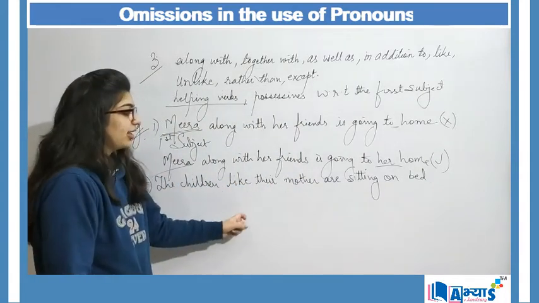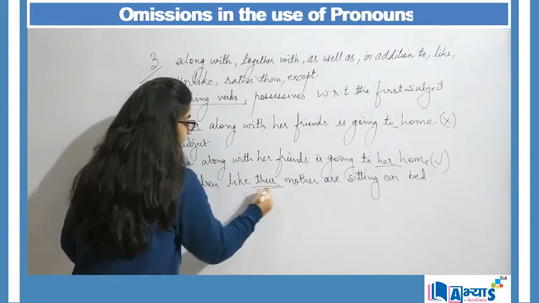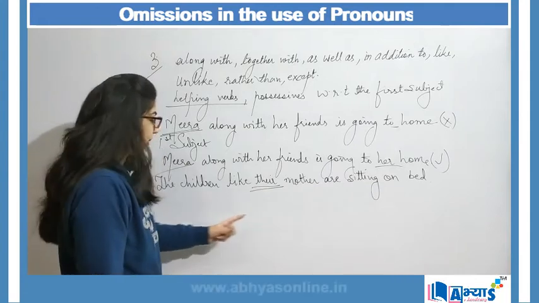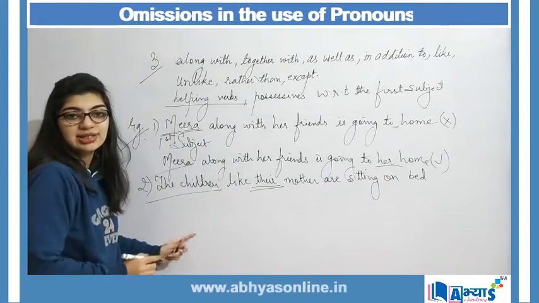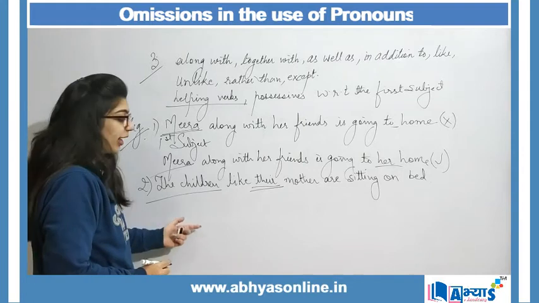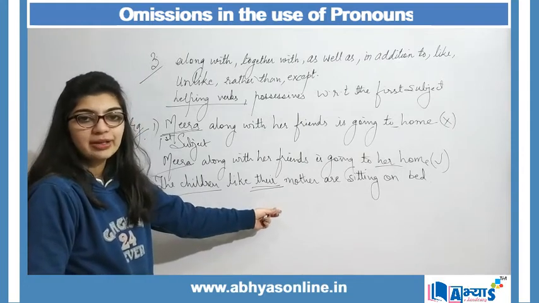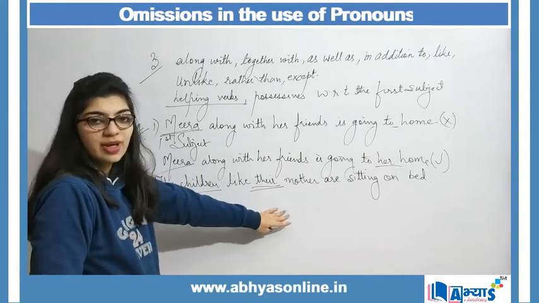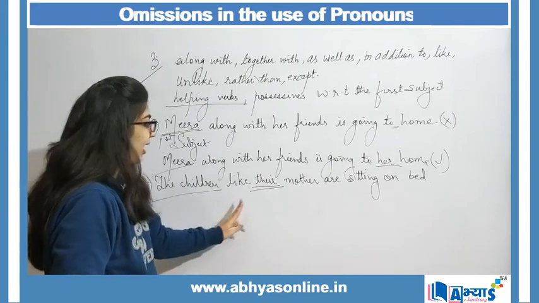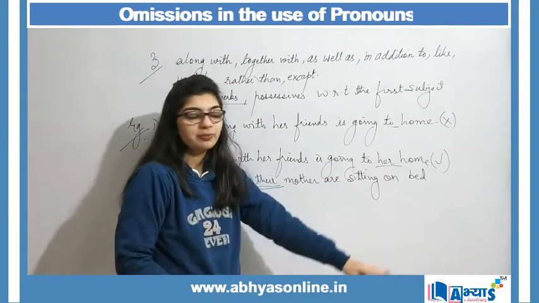The children like their mother. Now see, I am using their because my first subject is plural and accordingly I have to use my pronoun as well. So the children like their mother are sitting on bed.